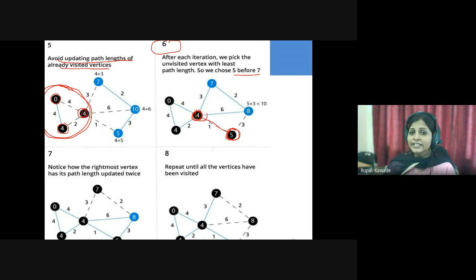The cost of 1 is added from this 4th node. So it is 4 plus 1, 5. So for this vertex, its path length will be 5, which is 4 plus 1. Now notice how the rightmost vertex has its path length updated twice.